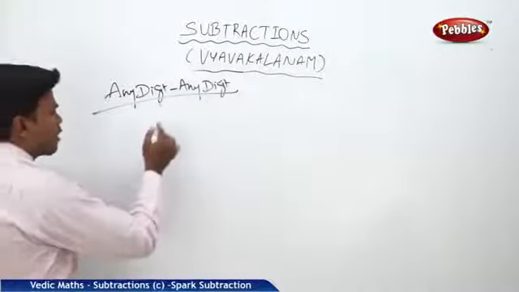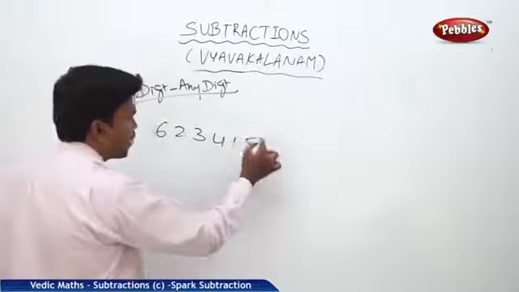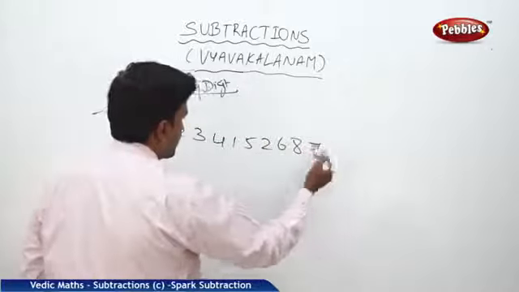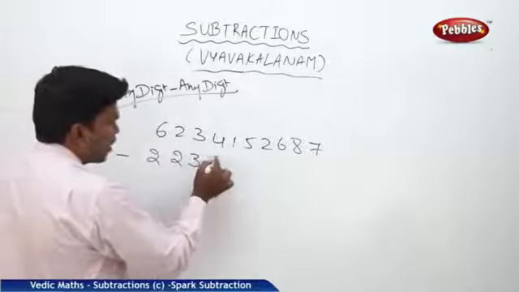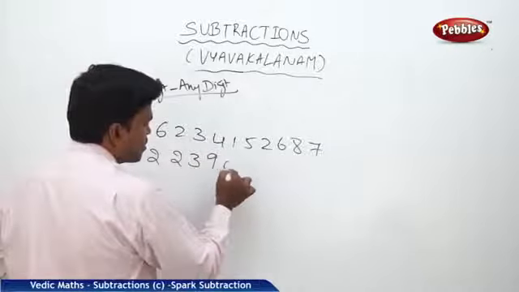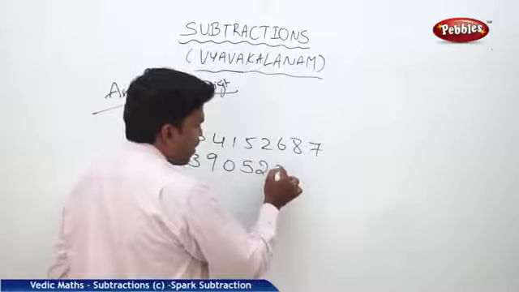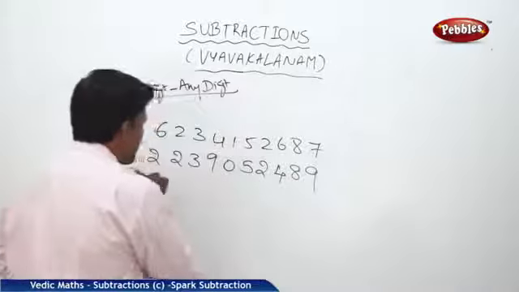Suppose I take 6, 2, 3, 4, 1, 5, 2, 6, 8, 7 minus 2, 2, 3, 9, 0, 5, 2, 4, 8, 9.